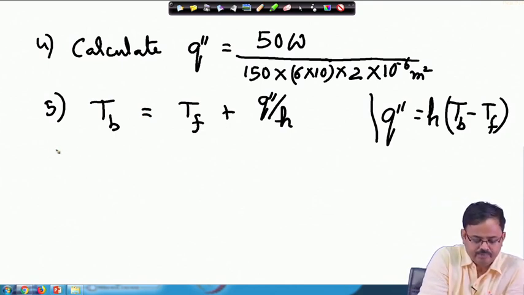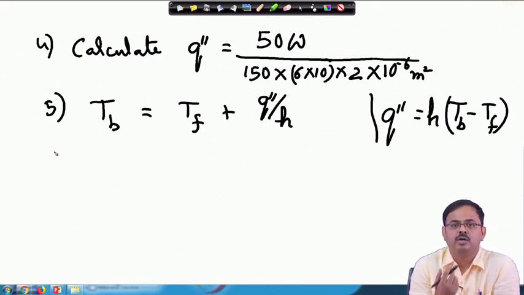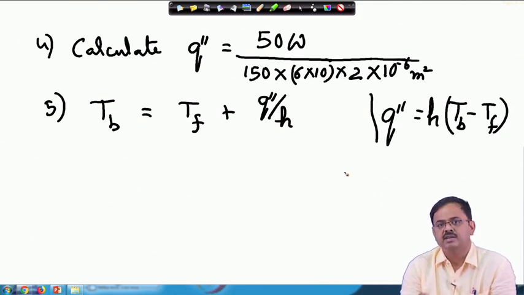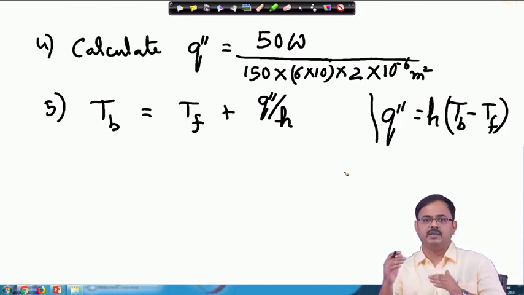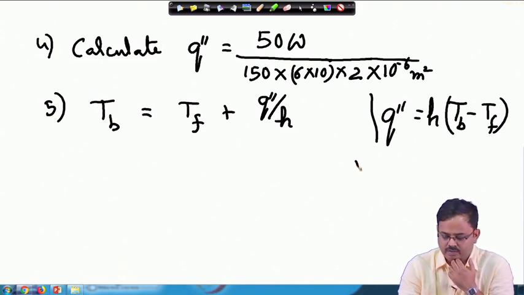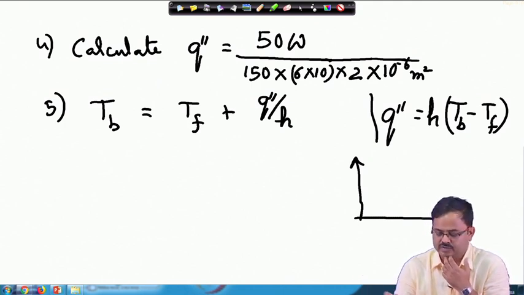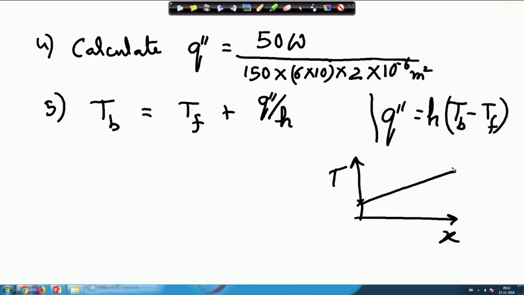Remember, and this is where your judgment comes in. If I consider flow through this heat sink, what will happen is, and let us say this is the direction x in the direction of the fin, then if I plot the temperature, the fluid temperature is going to go up linearly.